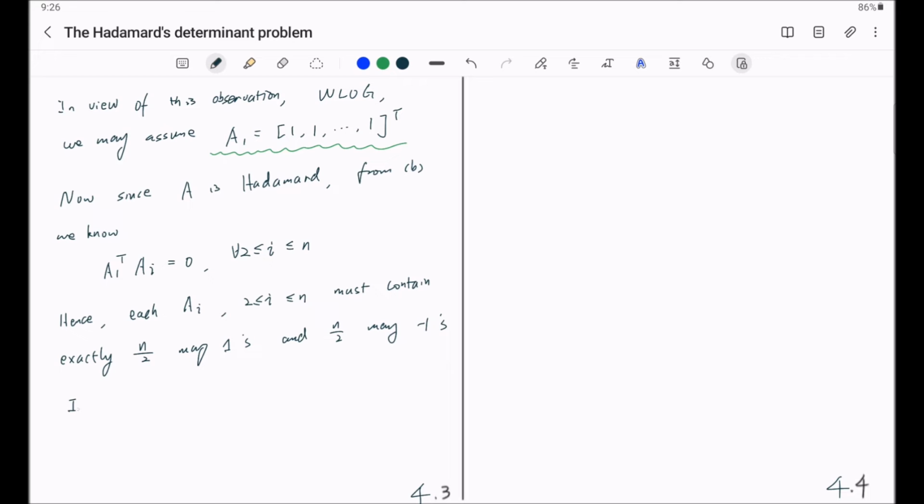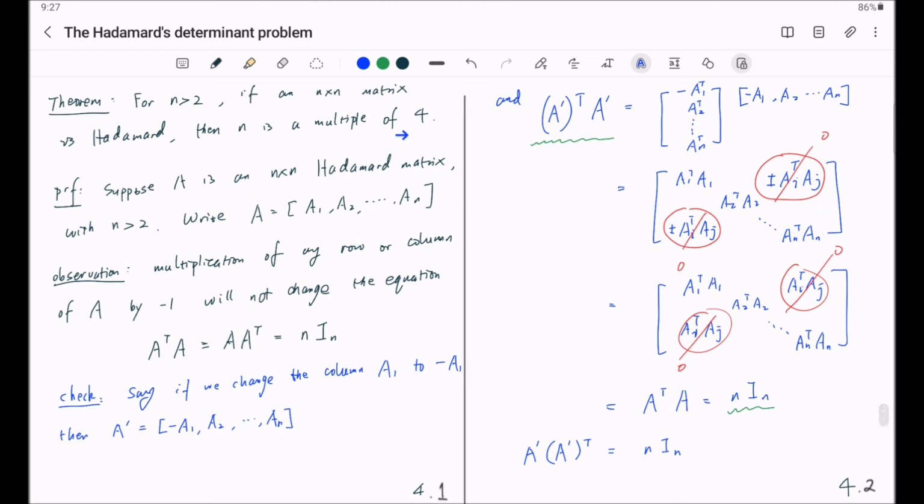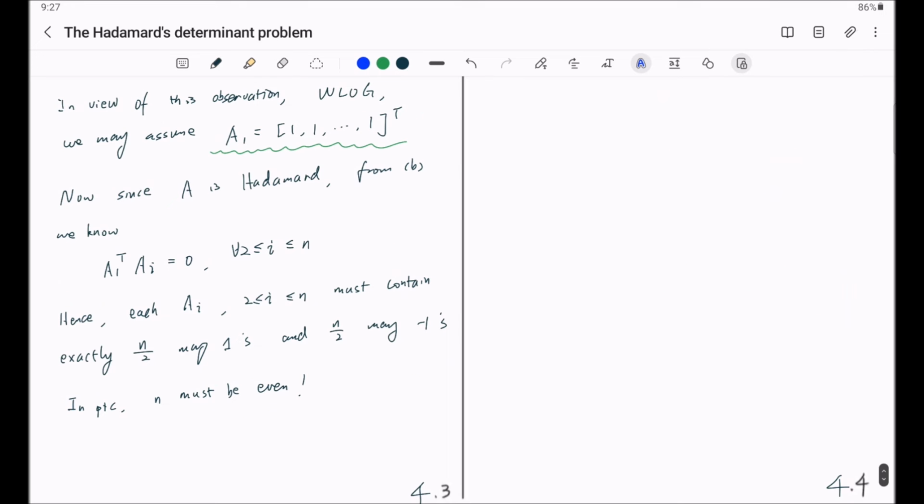And in particular, n must be even. So this is one step closer to what we want to prove. Recall that we want to prove that n is a multiple of 4. Now we have shown that n is a multiple of 2. That's good.